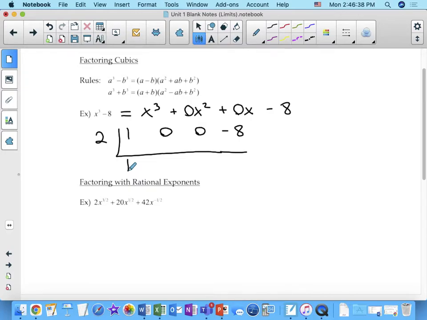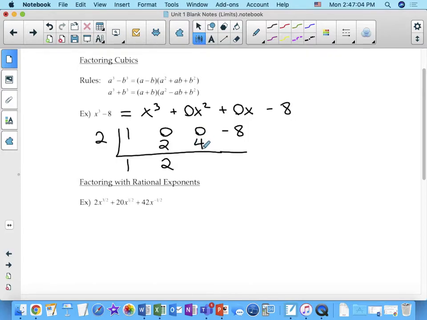Then I'm going to go 1 times 2 is 2. 2 plus 0 is 2. Two times 2 is 4. So that's a 4.